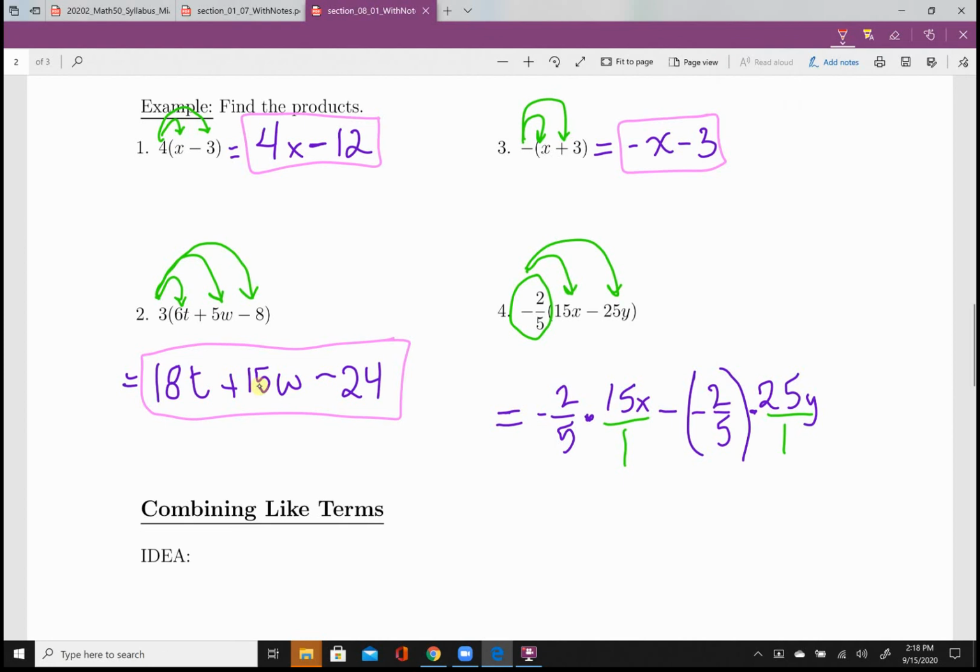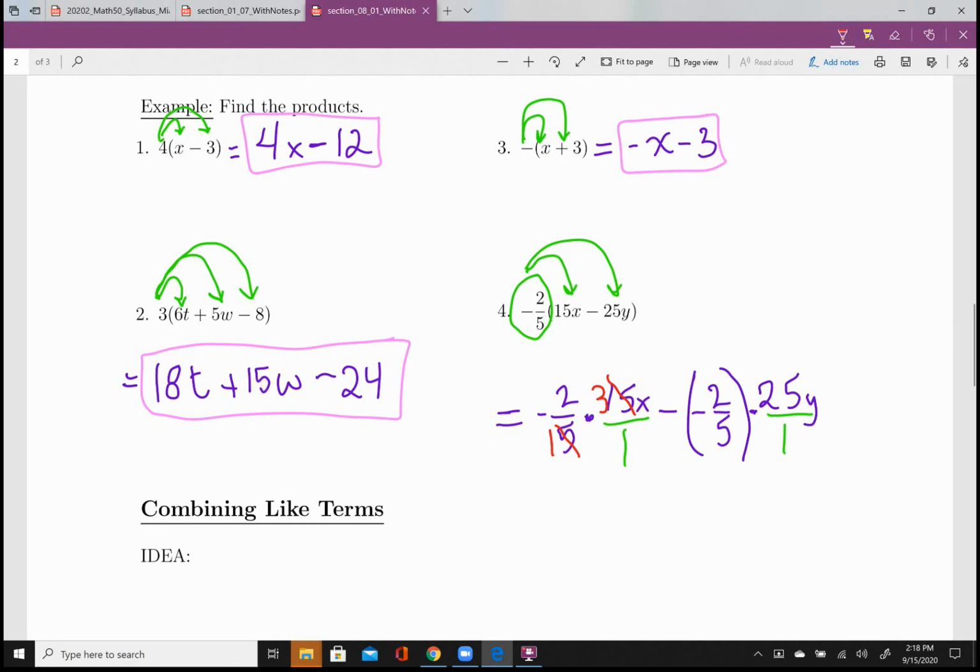and in doing so, I recognize that some common factors can be canceled across the way. So here, this 5 and this 15, they share a common factor of 5. 5 divides itself the once, it divides 15 3 times. So for this first term, everything's going to settle down to negative whatever 2 times 3 is, and then an x comes along for the ride. That'll end up being negative 6.